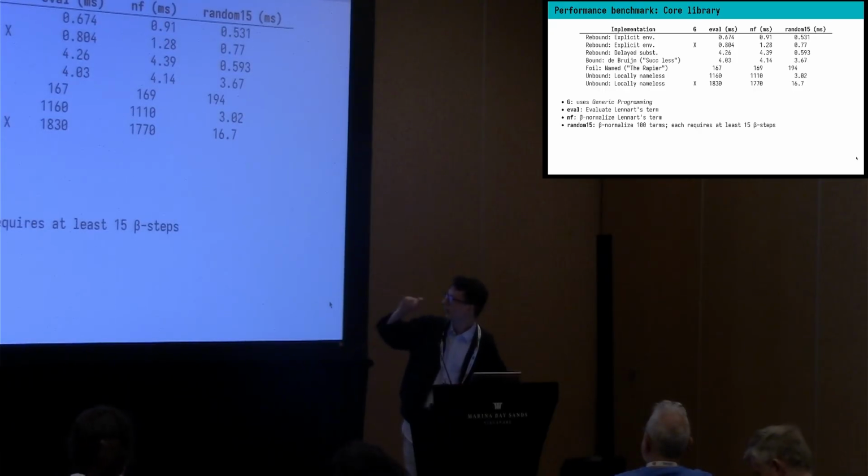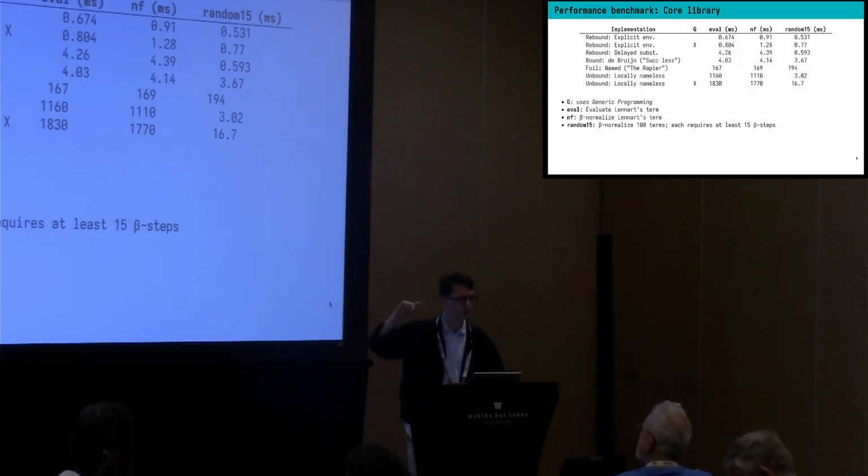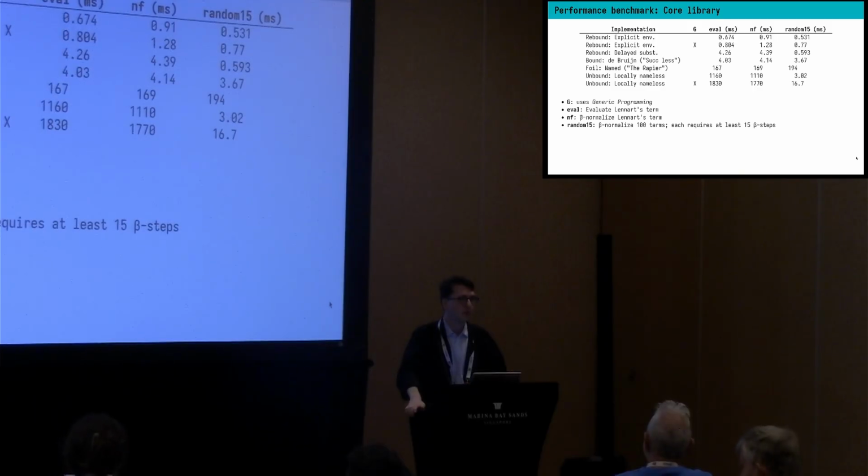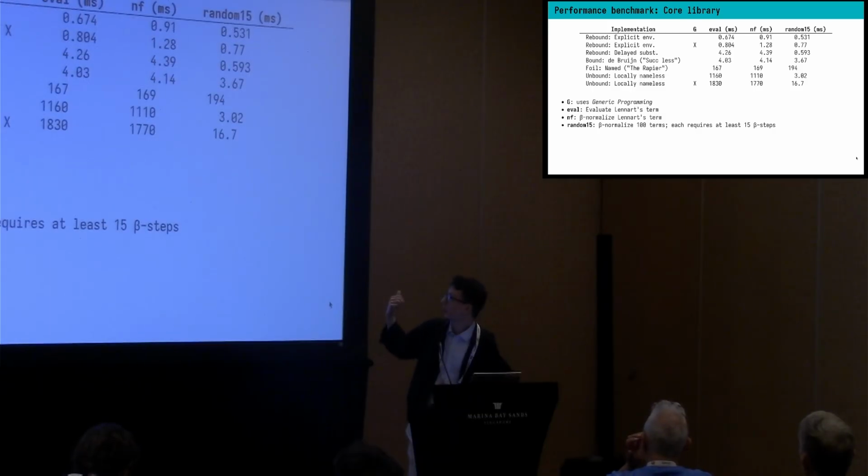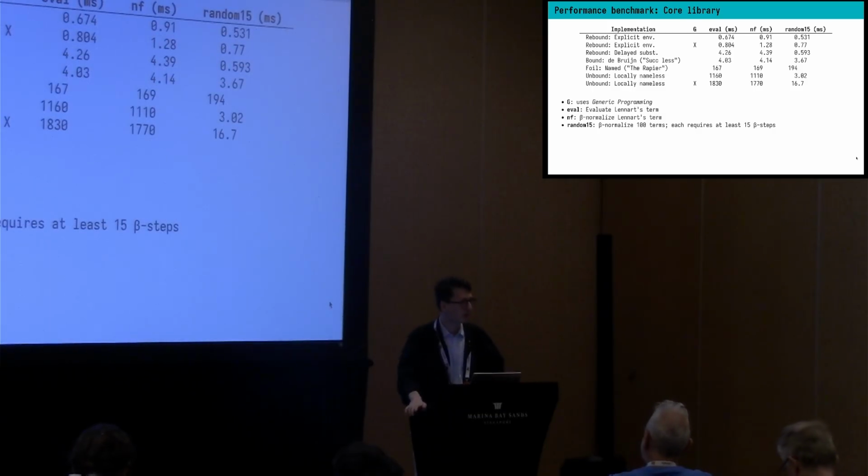In fact, if you look at the slideshow used to present the Unbound library, they were using that benchmark as well. So what I think happens is that a lot of libraries, ourselves included, in a way optimized for that specific benchmark, whereas random 15 is, well, random terms. We could generate other random terms and we might get slightly different behaviors as well.